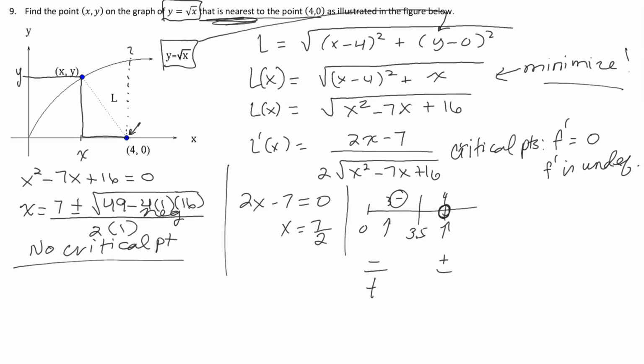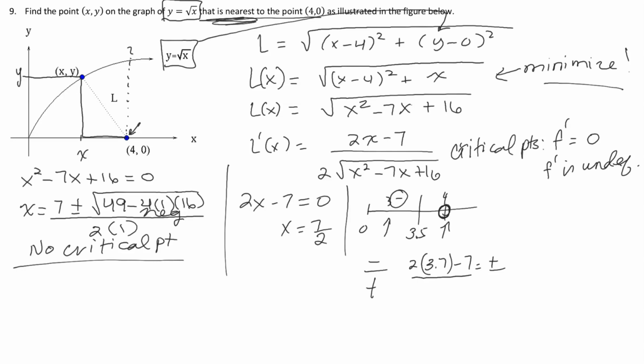So you would have to pick a number to the right of 3.5, say 3.7. Times 2, that would be 7.4. 7.4 minus 7 is positive.